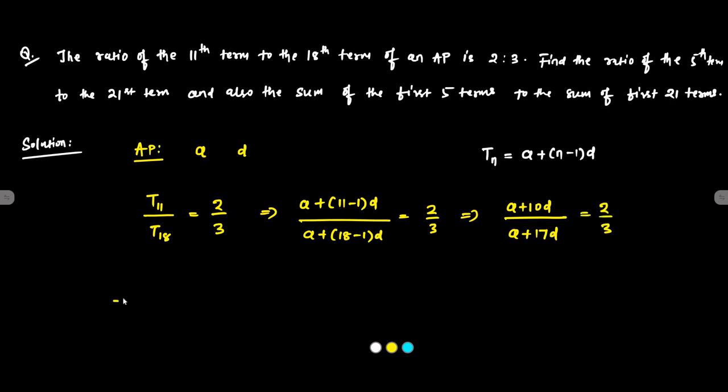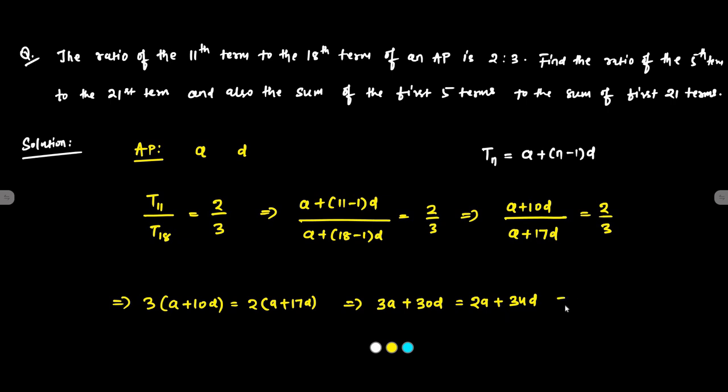So on cross multiplying we have 3 into a plus 10d is equal to 2 into a plus 17d. That implies 3a plus 30d is equal to 2a plus 34d.